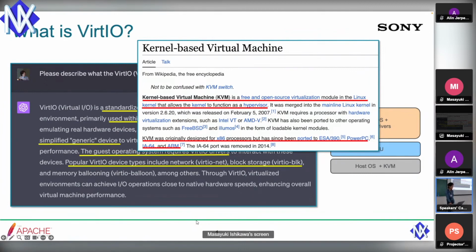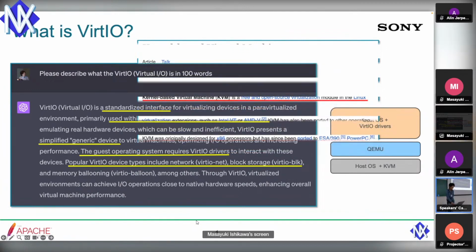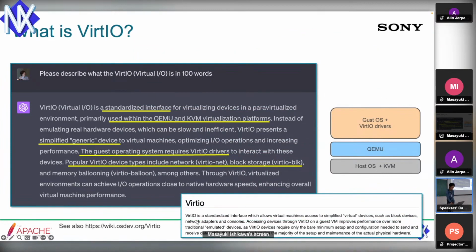Of course, we can run VirtIO without hypervisors, but this slide shows it with hypervisors. And KVM was originally designed for x86 processors, but has also been ported to several CPU architectures, including ARM. Of course, you can also find more information about VirtIO from the official wiki.